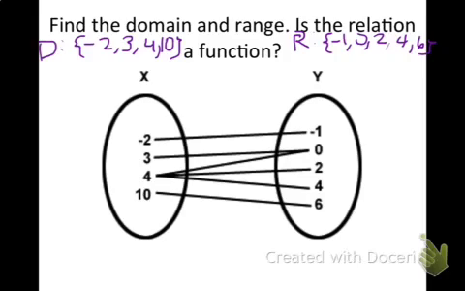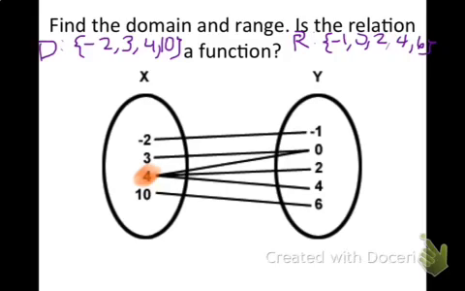Okay, so is it a function? No, it is not, because if you look at your domain over here, you'll see that the 4 is connected to 3 other y's. So in other words, for functions, sometimes we say the x's can't repeat. In mapping, you're not going to see it necessarily repeat. You're just going to see that the x has a relationship with 3 y's, which is the problem.